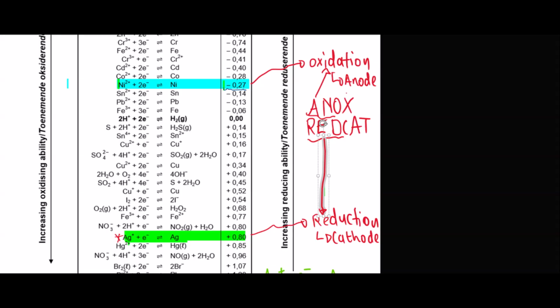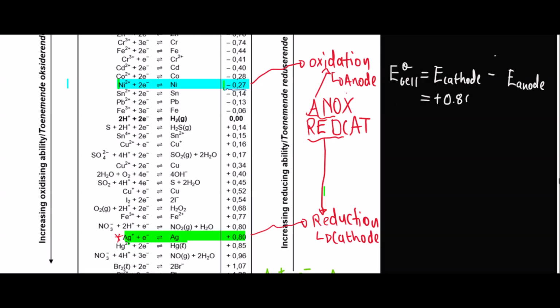The E cell naught would be the E of the cathode, which is the Ag down there, minus E anode. So this is going to be positive 0.80 volt minus negative 0.27.